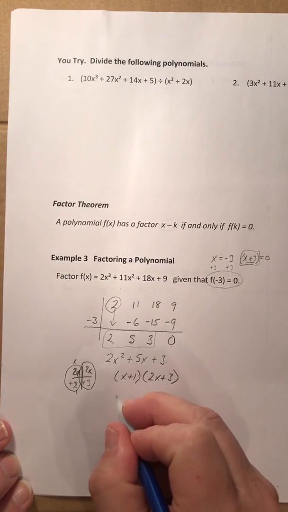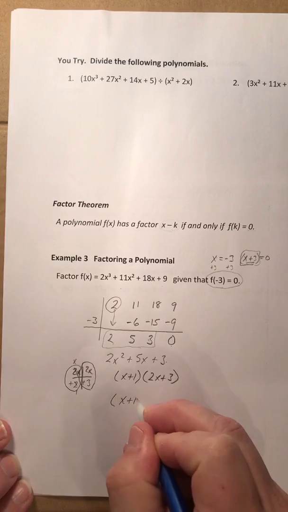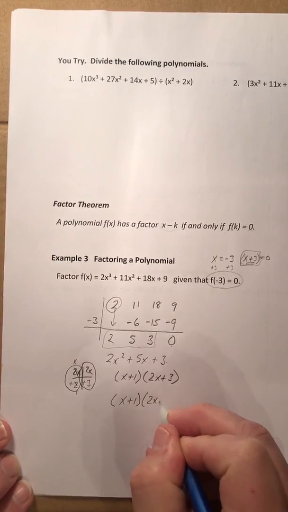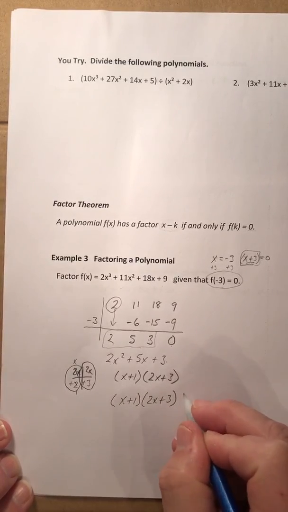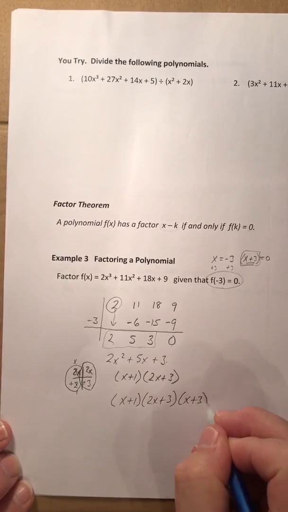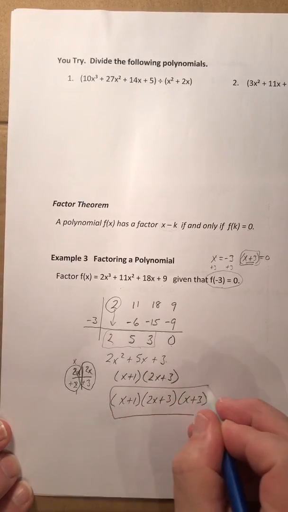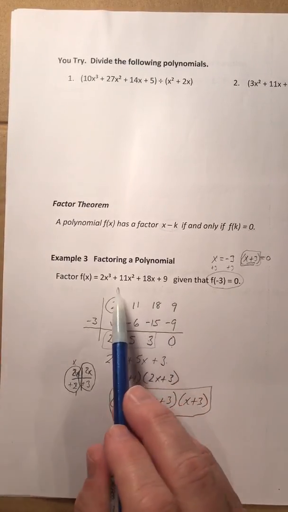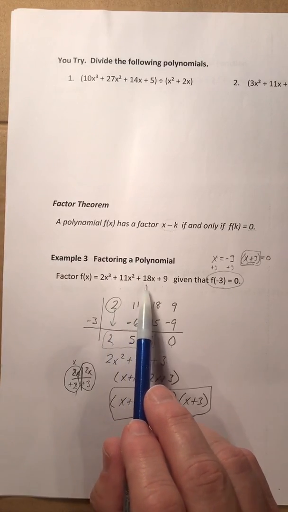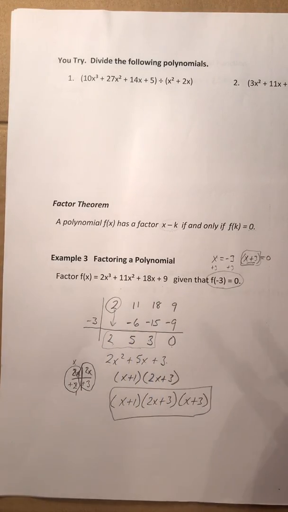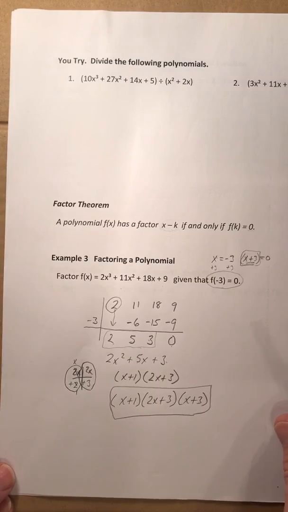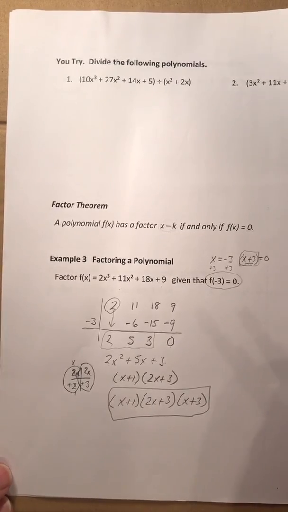So the factors are x plus 1, 2x plus 3, and x plus 3. If we multiply these together, we would get 2x cubed plus 11x squared plus 18x plus 9. That's what we're doing, factoring it out.